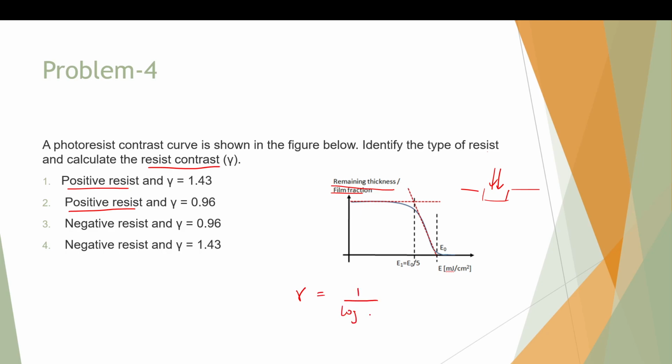Resist contrast is given by a simple formula. Think log of E naught by E1, where it has disappeared completely. So this point and this point. So it will be 1 over log of 5, I guess.